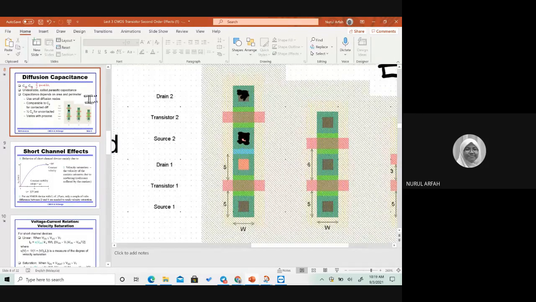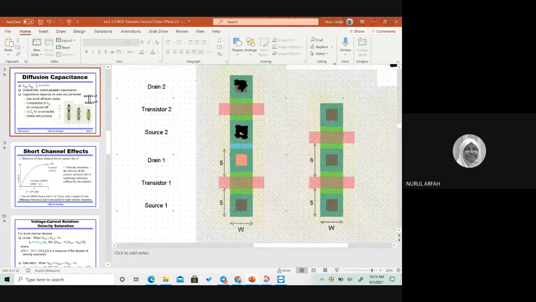So if you look at your left side here, the most left side, this is a source, right? And then drain, source, and drain. Maybe you can explain one by one which one is which layer, because I think they're not familiar with what is the pink layer, what is the green. Okay. Right. The red color here is actually the gate.